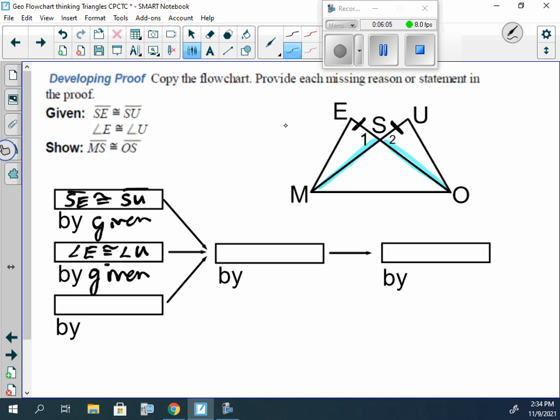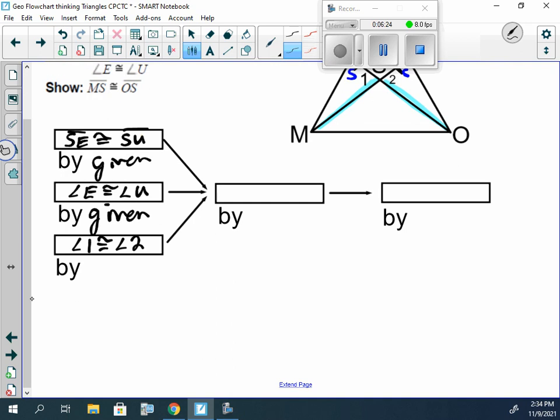Okay. So far we have a set of angles that are congruent and a set of sides. Because those two are congruent by vertical angles.